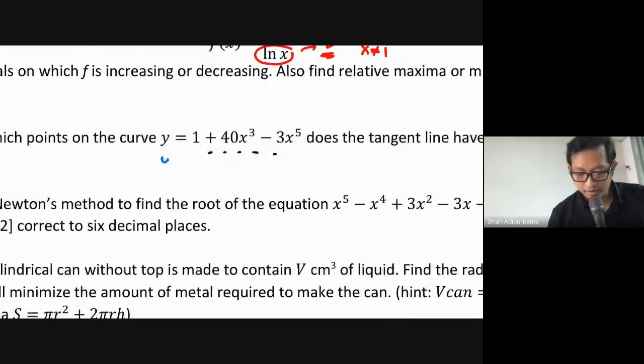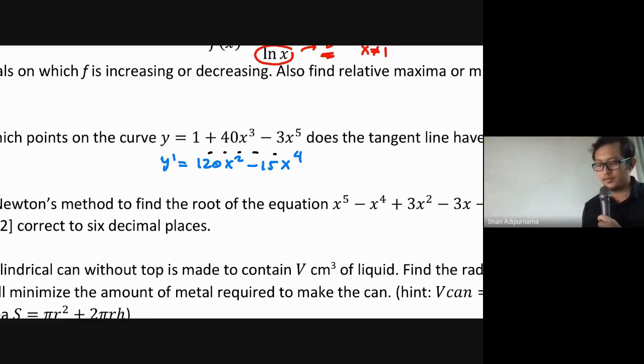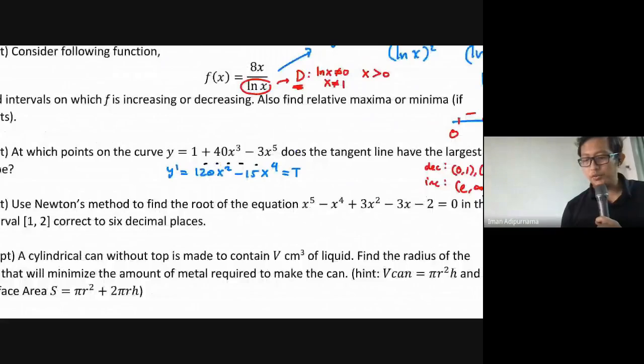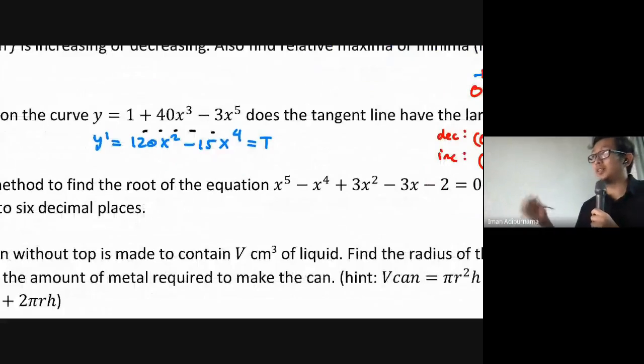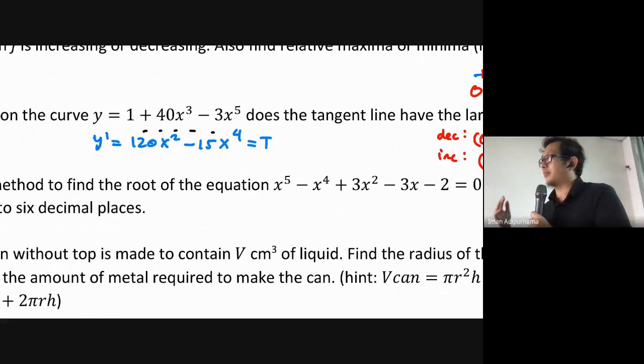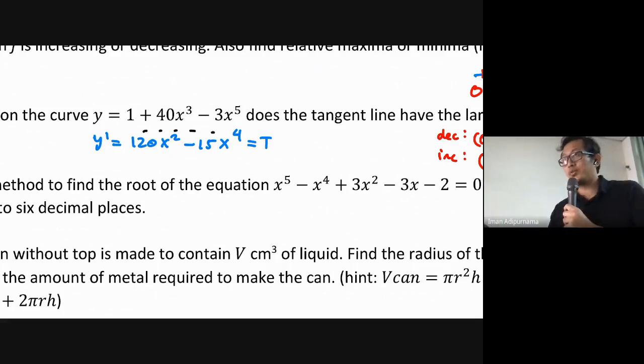So the first derivative is, okay, and let's say this is equal to t. Because we want to find the largest, meaning the maximum value, right? So we need to maximize this y prime. So to maximize, we need to find another derivative.